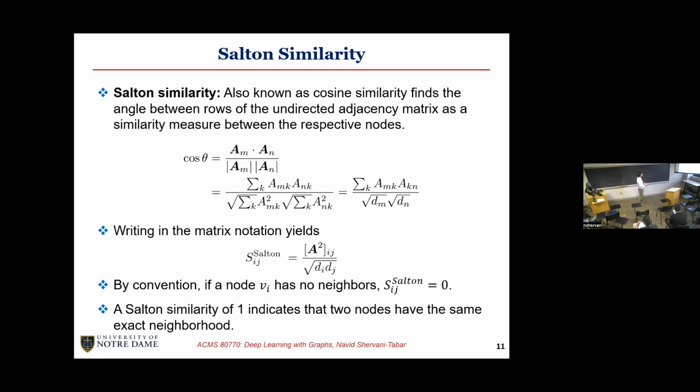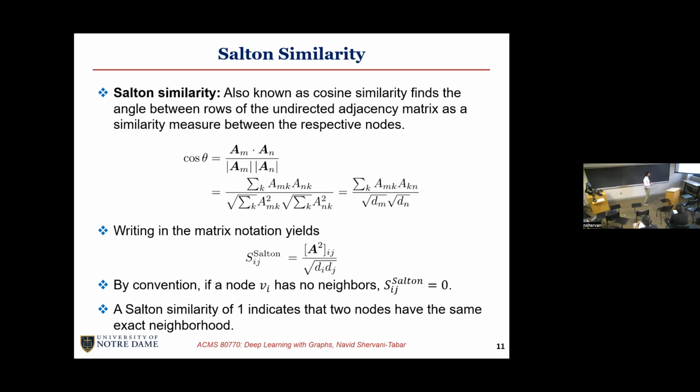And then we see that in the numerator, now that we have flipped the places of k and n, we have a matrix multiplication written in index notation. Both are A, so we can write that as A squared.